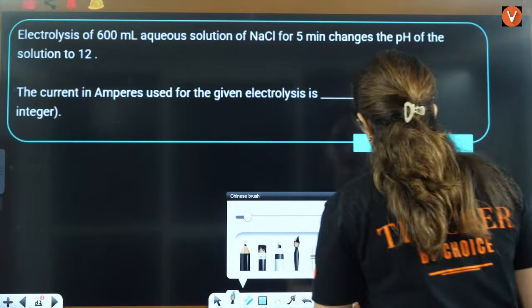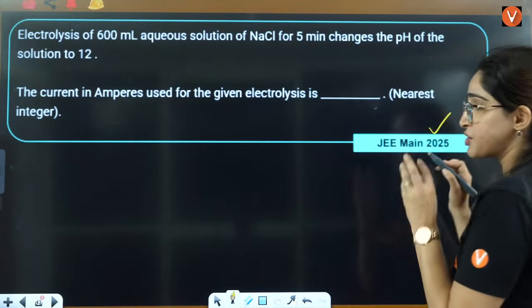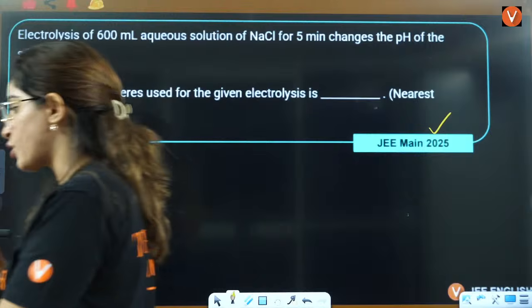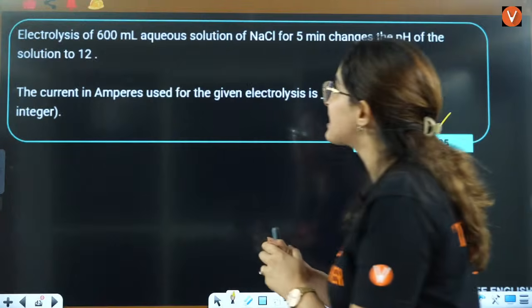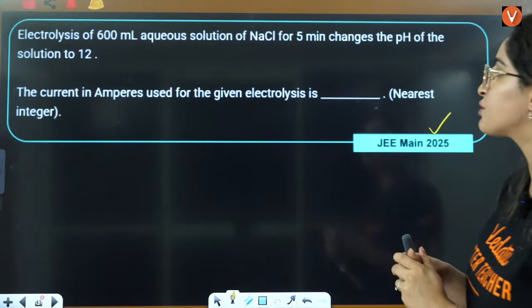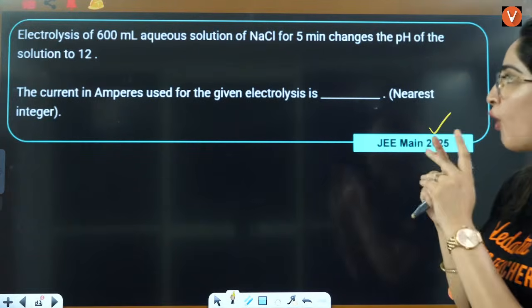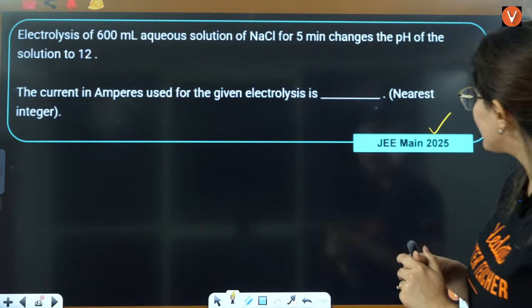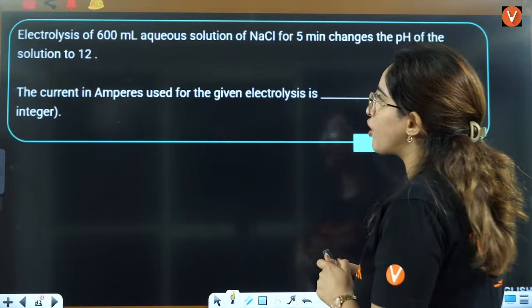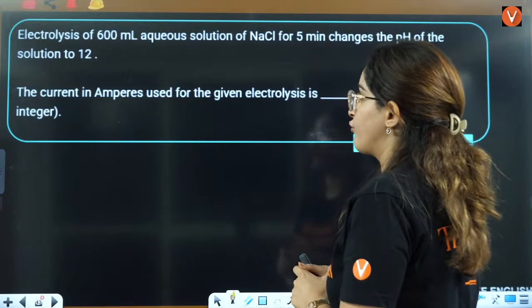Next, they have asked a question in JEE Mains 2025 based on Faraday's law. Let's see that as well. Electrolysis of 600 milliliter aqueous solution of NaCl, the volume is given, in 5 minutes, the time is given, changes the pH of the solution to 12.